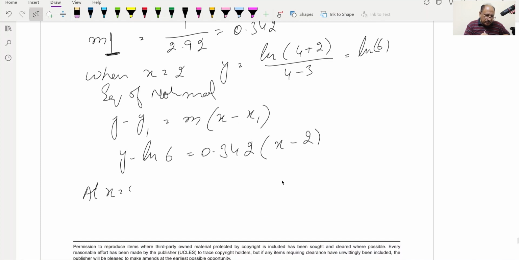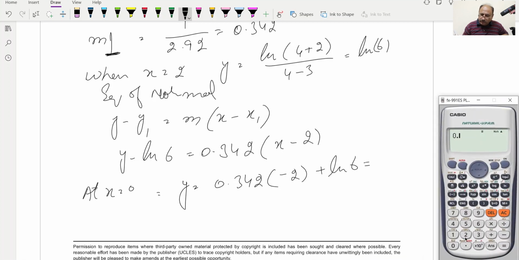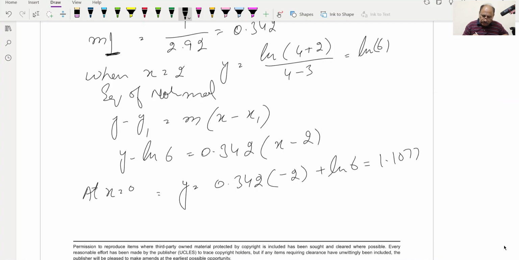So at x is equal to 0, y will be equal to 0.342 into minus 2 plus log of 6, and this will result in 1.107, 1.1077.